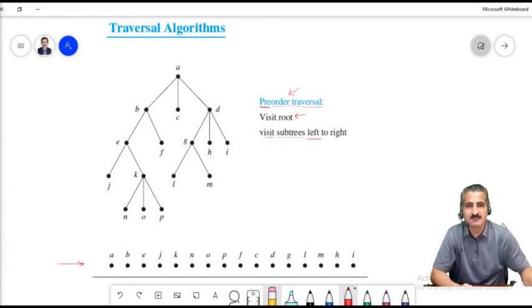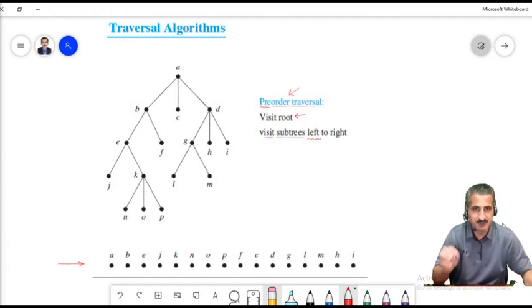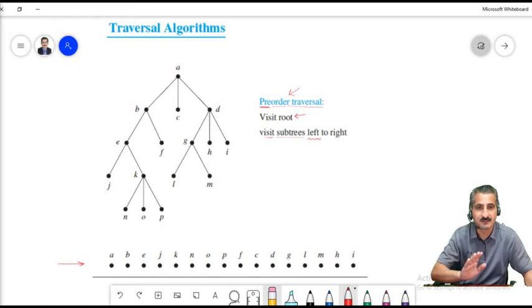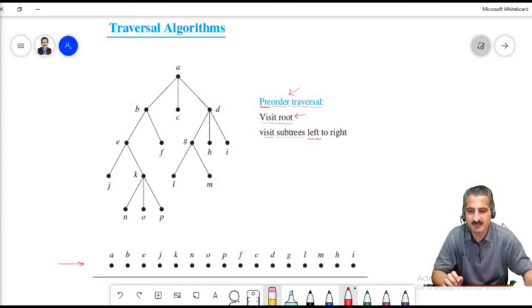It says visit the root, take it outside the tree, and then visit the subtrees. Start with the subtrees at the left, and then go to the subtrees at the right. So in here we will start with the root A, because it says visit the root.